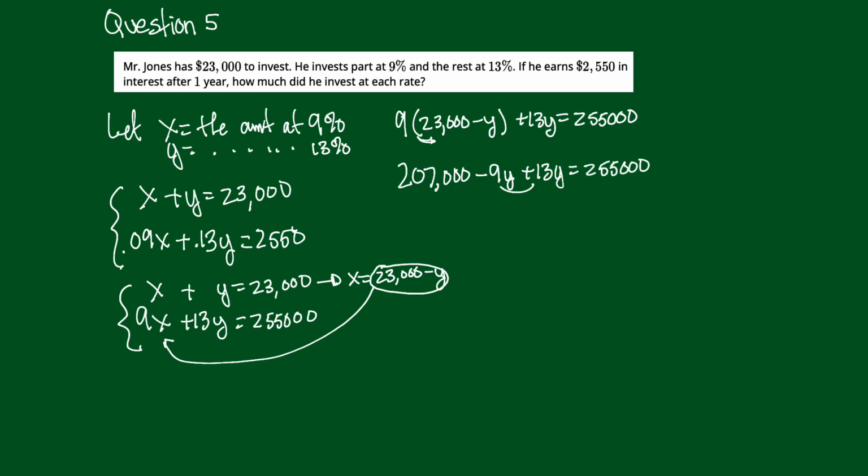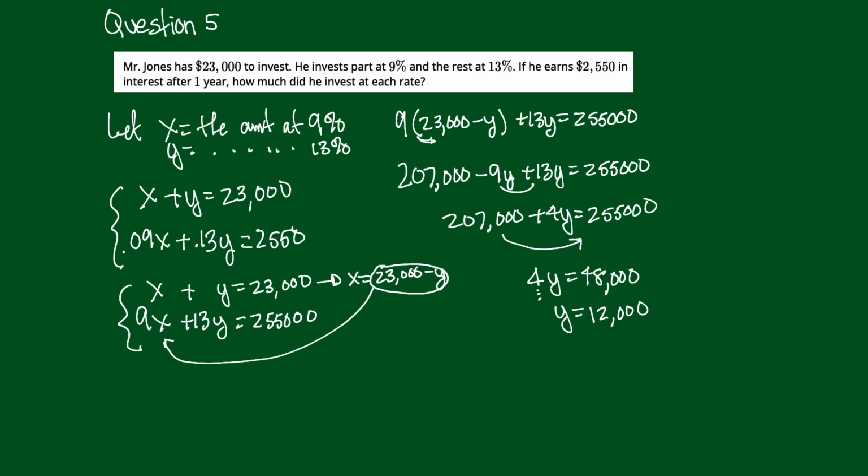All right, now right in here, this is going to be 207 and 3 zeros. 13y minus 9y is plus 4y, and that's equal to 255, 3 zeros. Now, let's subtract. So I did that, and I'm getting 4y is equal to 48,000. Okay, let's divide, right? We'll divide. So y is equal to 12,000.